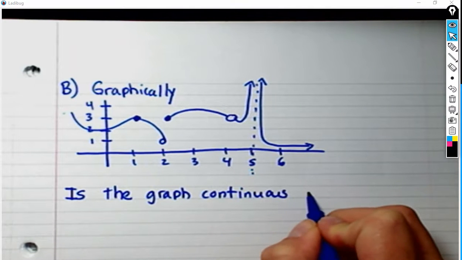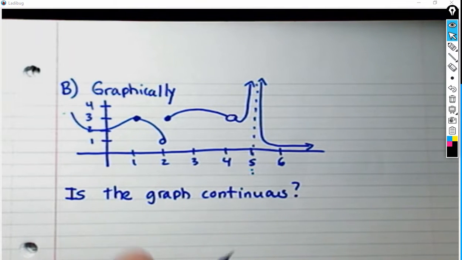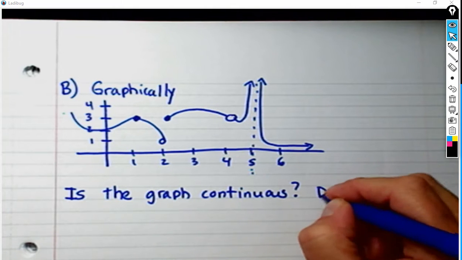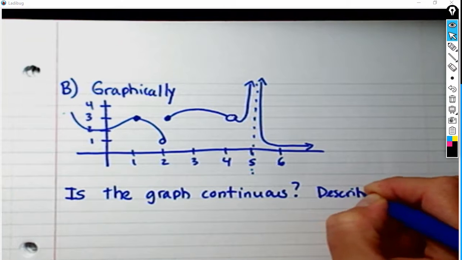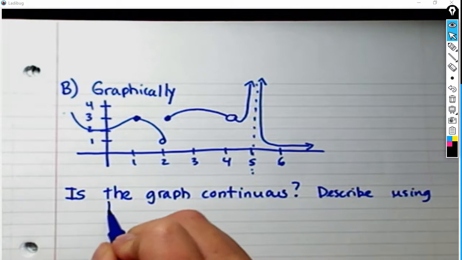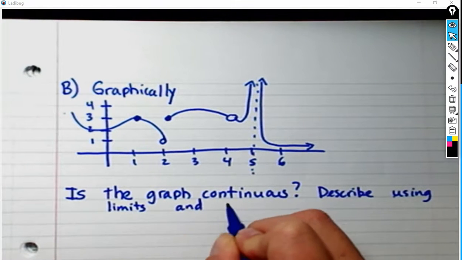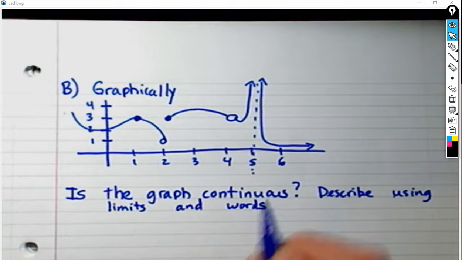Right, so is the graph continuous? Describe using limits and words.